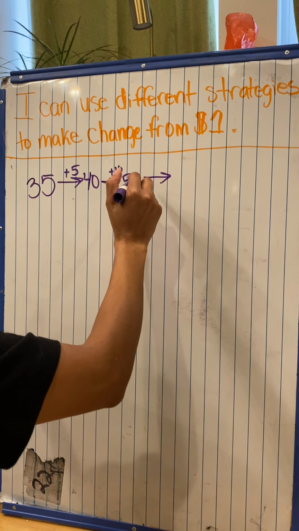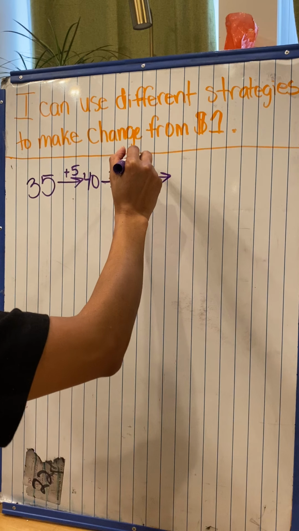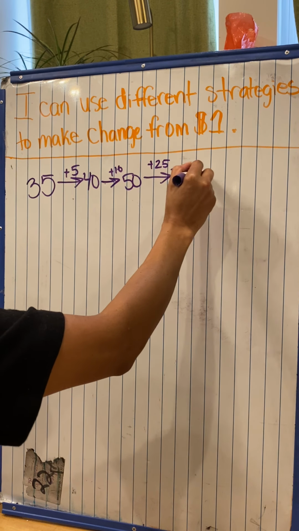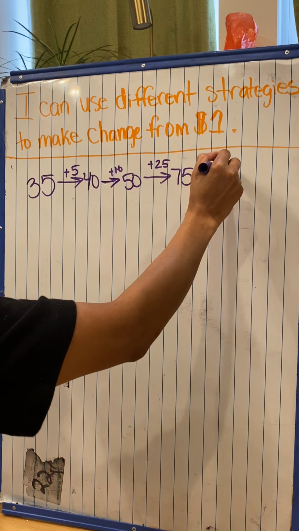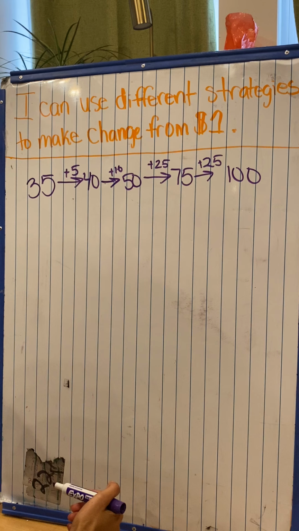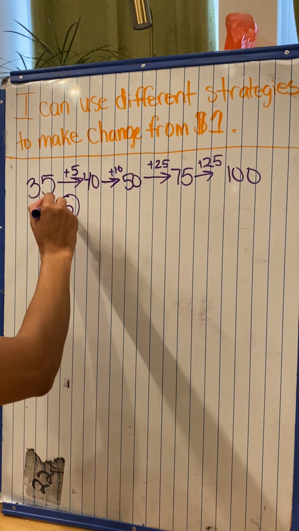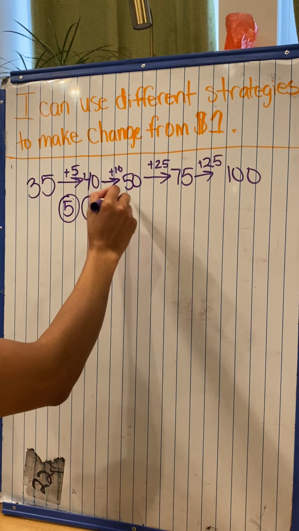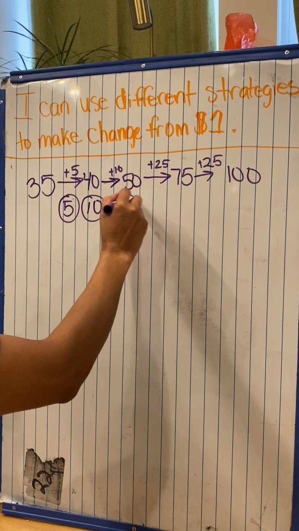And then once I add 25, that's 75 cents. Another 25 would be 100 cents. Some of you might have said, add a nickel, give me 40, add a dime, that would give me 50, and then 2 quarters.